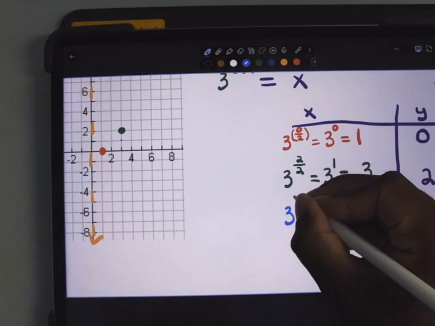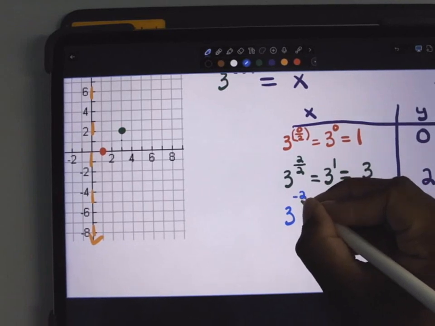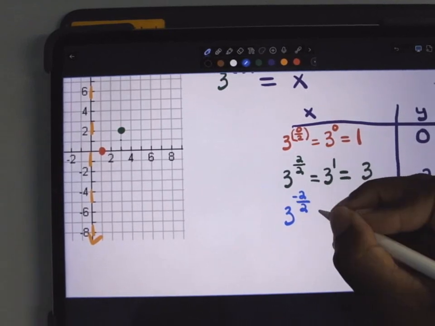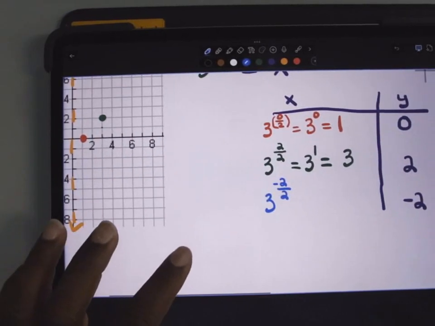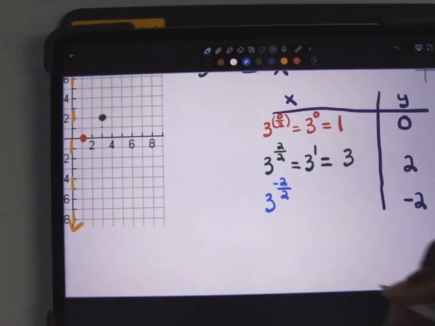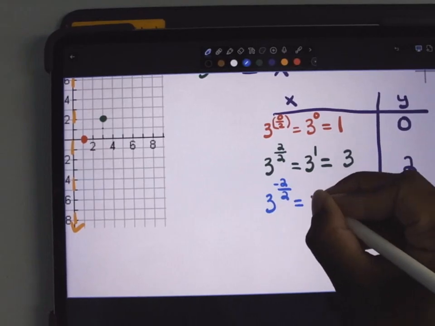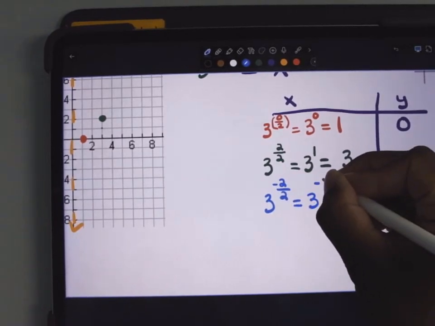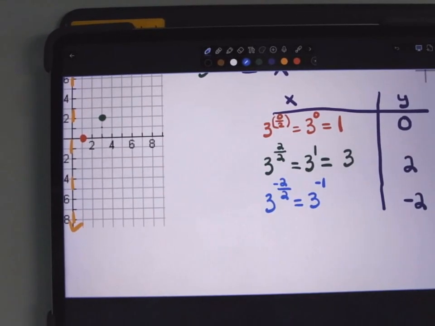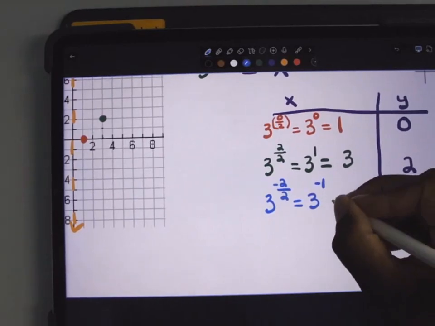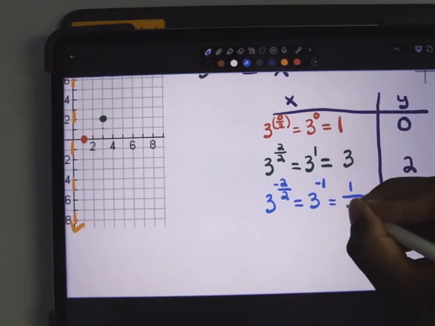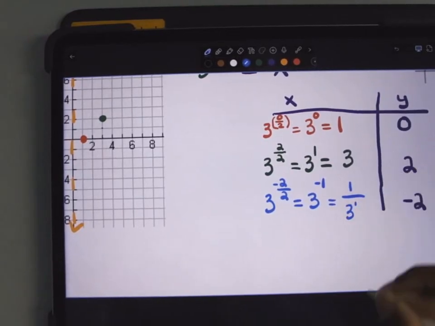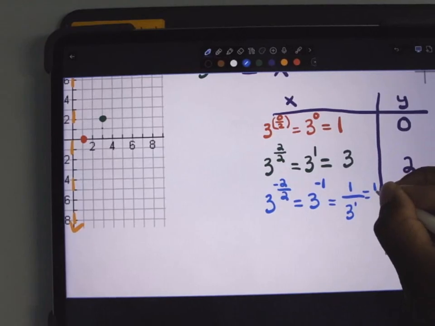So we got 3 to the -2 power divided by the 2 that was already there. This is going to be 1 again, except since one of the 2's is negative, it'll be -1. And with the negative exponent, to make it positive, we have to flip it and put it at the bottom of a fraction. So what we end up with is 1 divided by 3 to the first power, which is just 1/3.